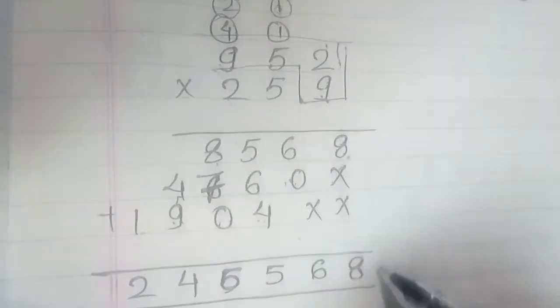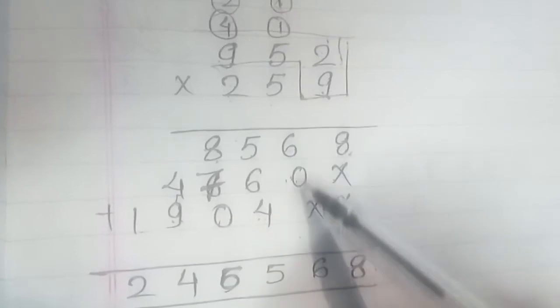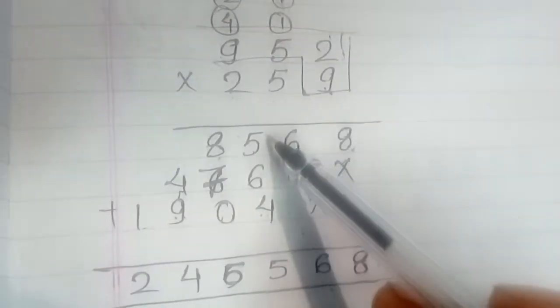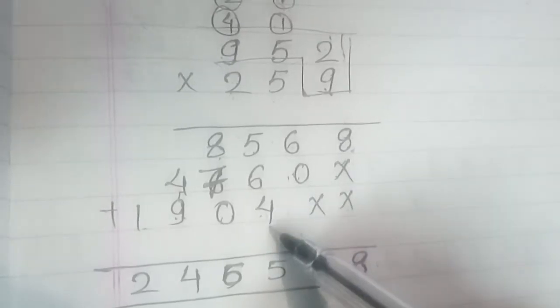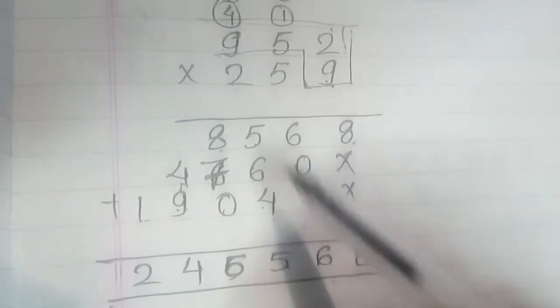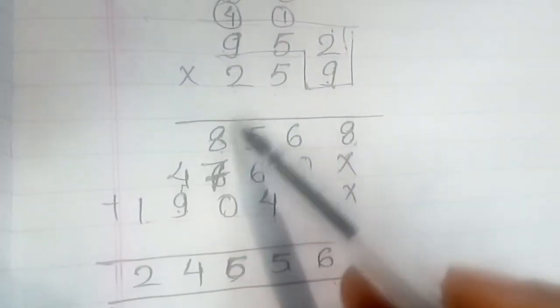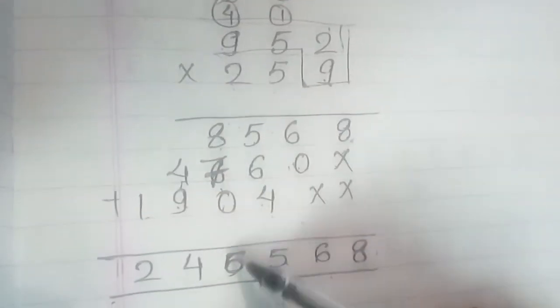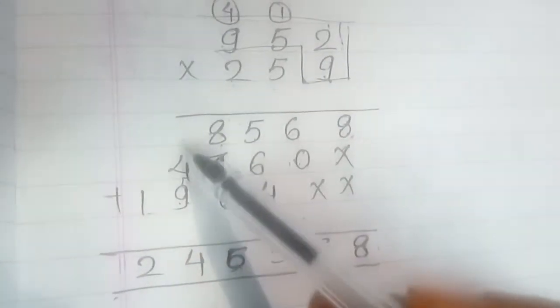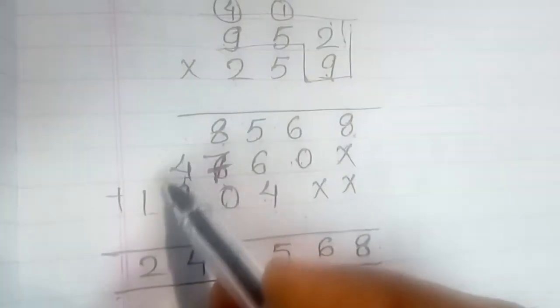So 8 as it is. 6 plus 0 plus 0, 6 will come. Now we'll add these. 5 plus 6 is 11, 11 plus 4 is 15, 5 carry 1. 8 plus 1 is 9, 9 plus 7 is 16, carry 1. 4 plus 1 is 5, 5 plus 9 is 14, 4 carry 1.